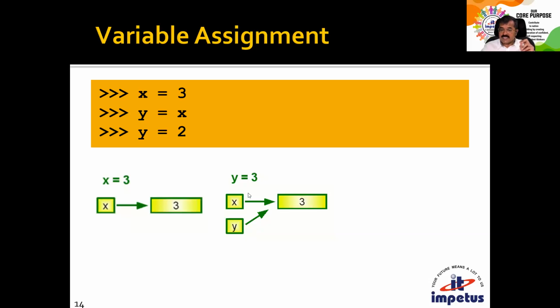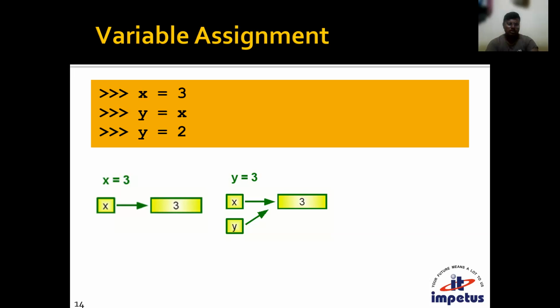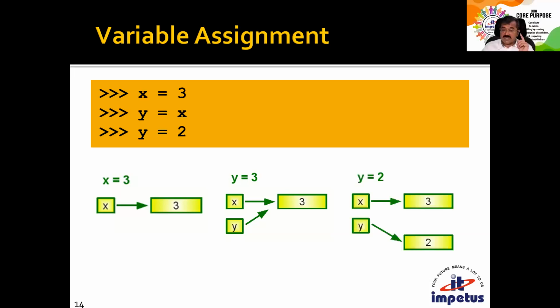So now if I say y equal to 2, what would happen? Y will point to 2. And what will happen to x? X will point to 3. So y will point to some other location.